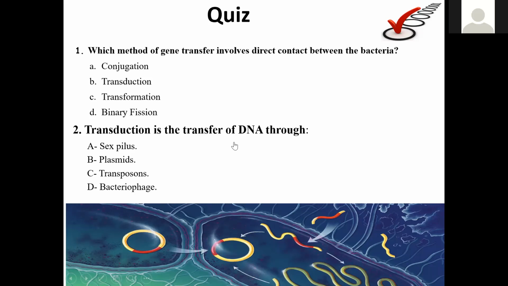Conjugation. Yes. Then transduction is the transfer of DNA through? Bacteriophage. Yes. So I believe you've understood the short lecture. If there is any question, then I'm ready to answer.